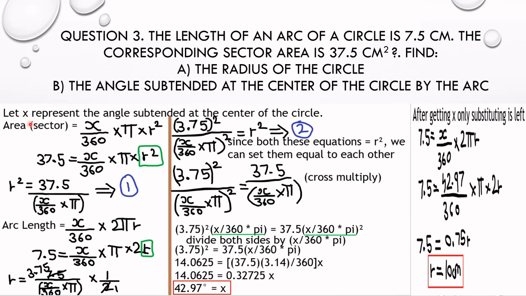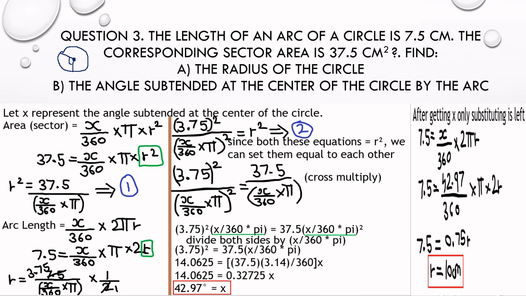Simply and carefully. Let x represent the angle subtended at the center of the circle. Okay, we have a circle. I will draw the example of the circle on the side over here. We have the center over here.